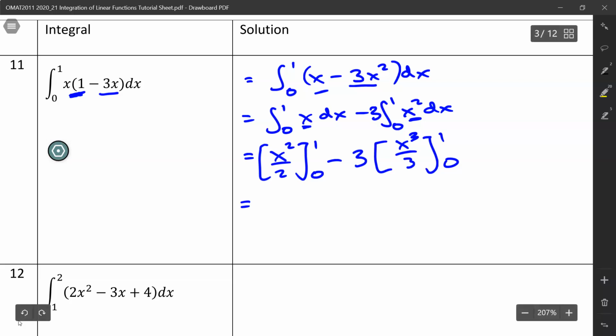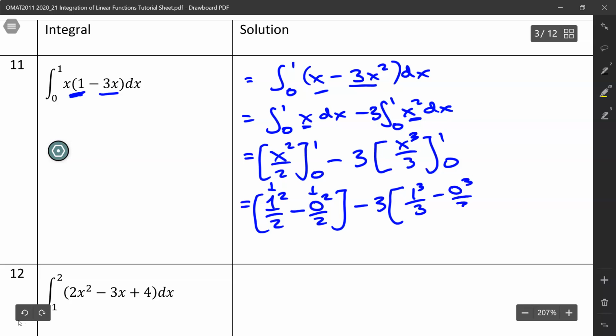I then integrate x, so it's x squared over 2, and that goes from 1 to 0. The upper limit is 1, the lower limit is 0, minus 3 times, and the integral of x squared is x cubed over 3, and that goes from the upper limit of 1 to the lower limit of 0. So then this gives me 1 squared over 2 minus 0 squared over 2. So the 1 is the upper limit, the 0 is the lower limit, minus 3 times 1 cubed over 3 minus 0 cubed over 3. So you plug in for x the upper limit, minus, and then you plug in the lower limit.